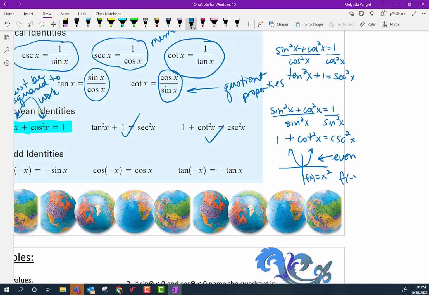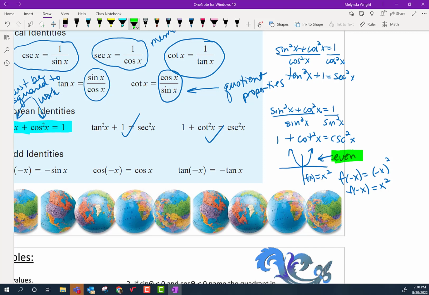If you do f of negative x and you plug in a negative for the x, and I simplify it, I fix it up, and I get the same thing I started with, that is the significance of an even function, because you plug in a negative x and you simplify and you get the same thing you started with.